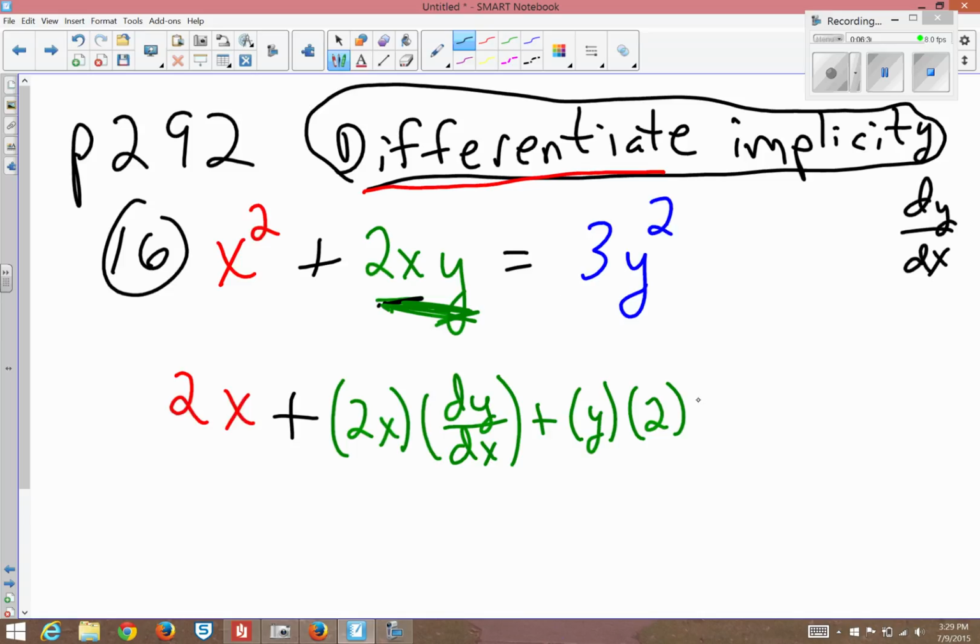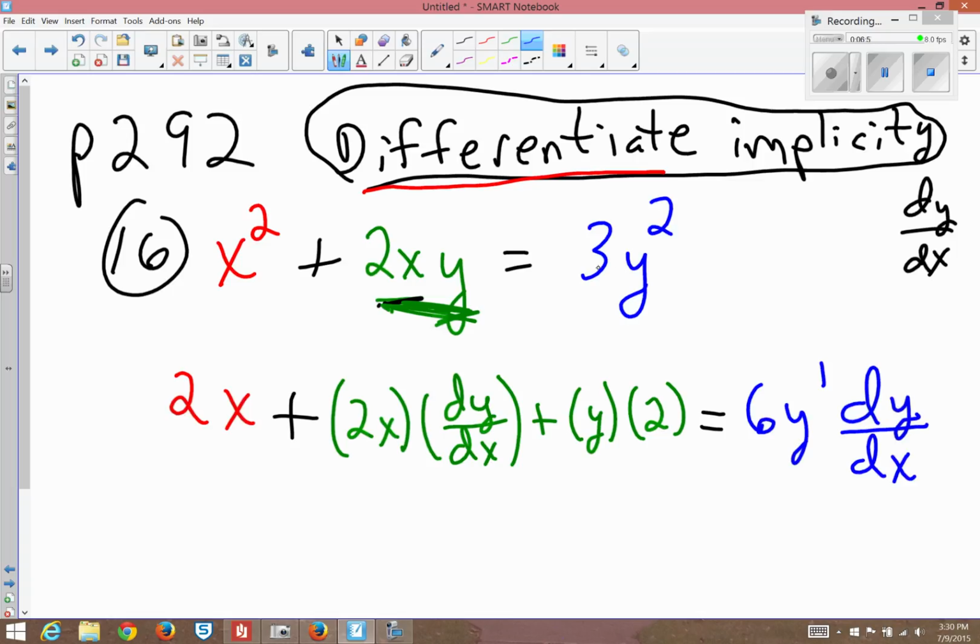The equal sign gets copied, and the derivative of 3y squared is 4 bells. 3 times 2. Ding. Copy the y. Ding. The 2 exponent becomes a 1. Ding. And I also multiply by the derivative of what's in the parentheses with respect to x.